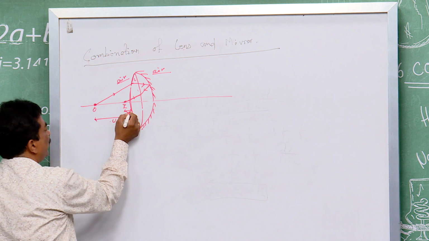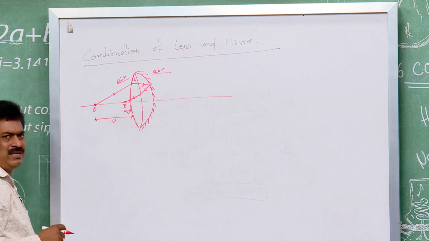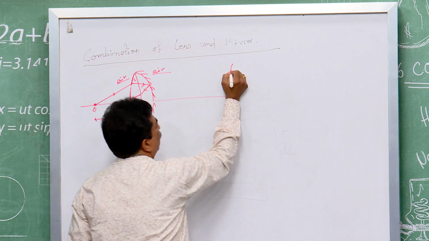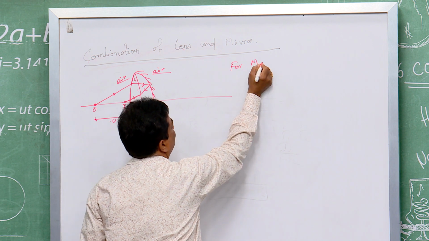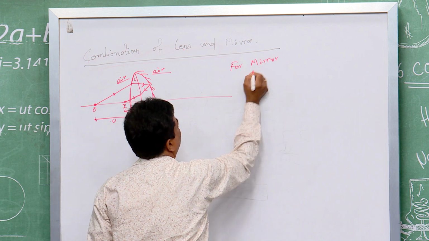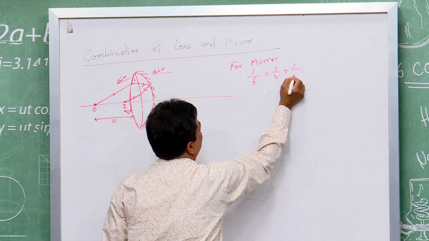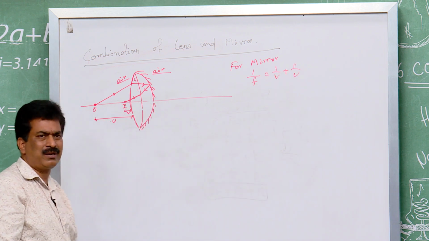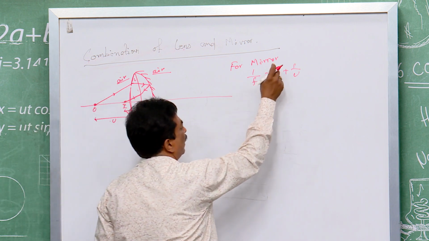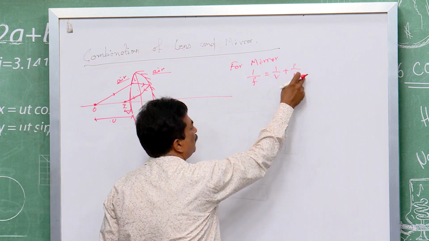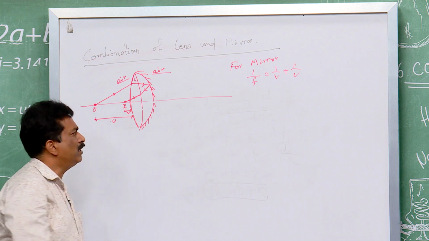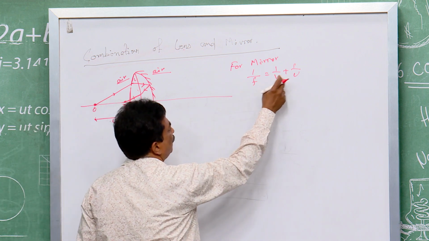If u, v and the focal length are known, for the mirror we know that 1/f = 1/v + 1/u. But for the lens, we know that 1/f = 1/v - 1/u.